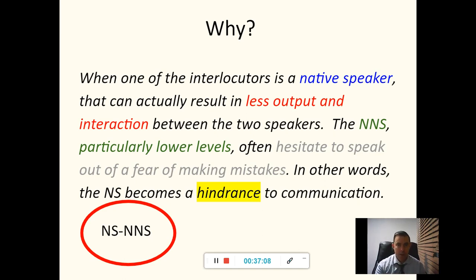The people interacting. When one of them is a native speaker, that can actually result in less output and interaction between the two speakers. Why is that? Well, the non-native speaker, particularly at the lower levels, they often hesitate to speak out of fear of making mistakes. There's the scary Englishman or whatever, right? And so they don't want to make grammar mistakes. Think of Krashen's monitor, right? So in other words, the native speaker can become a hindrance to communication.